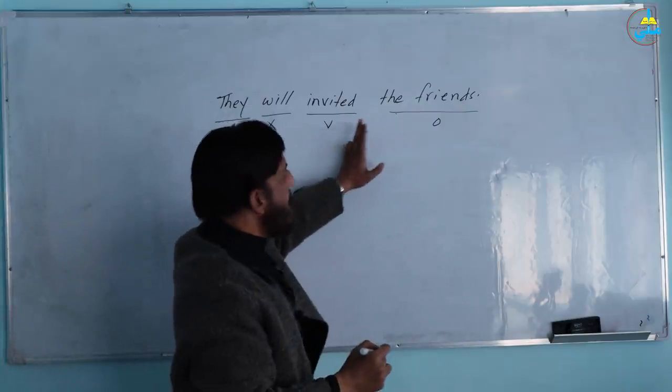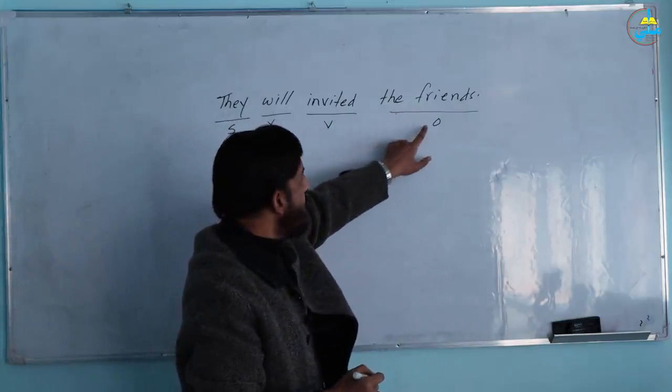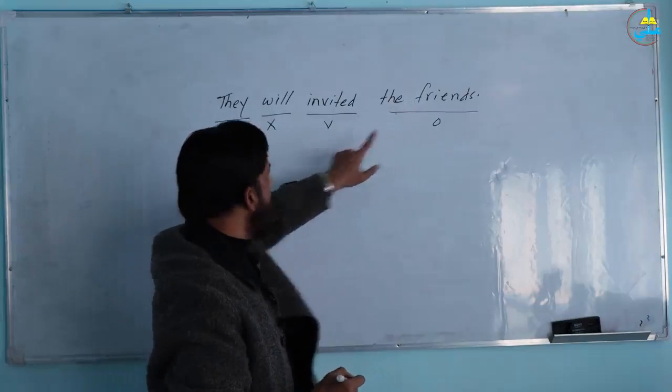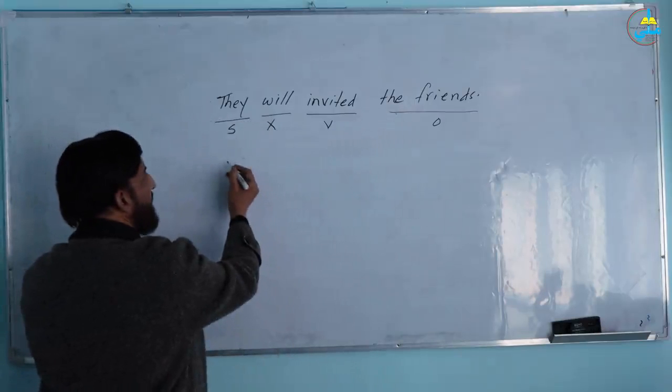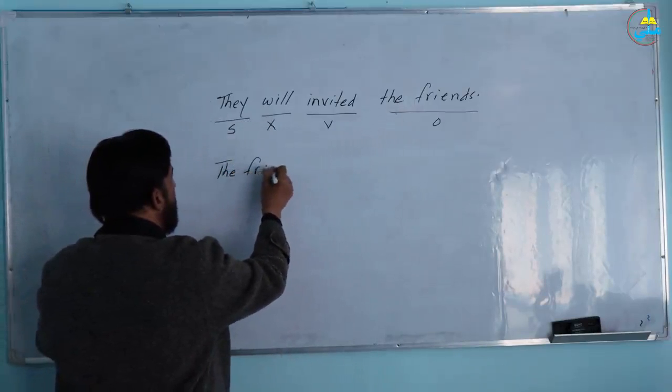Since this sentence has an object, we can change it to passive. First of all, we bring the friends, the object, to the front of the passive sentence.